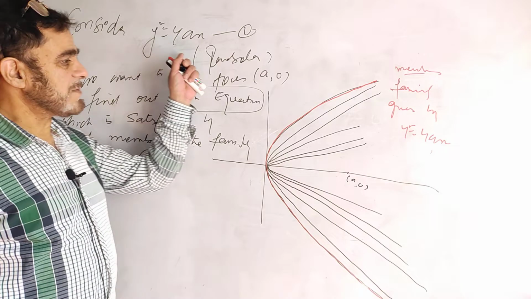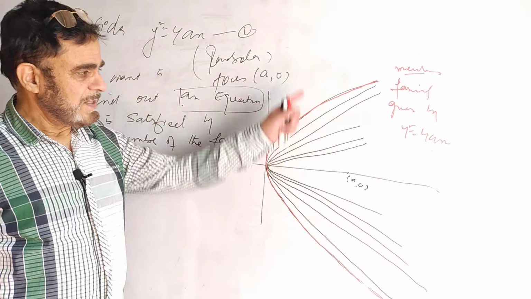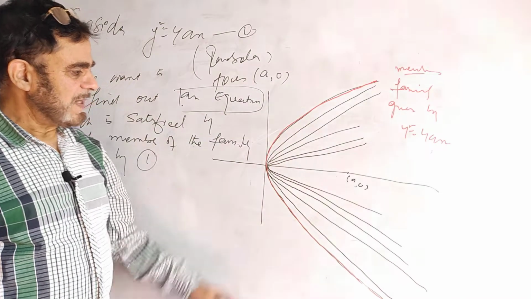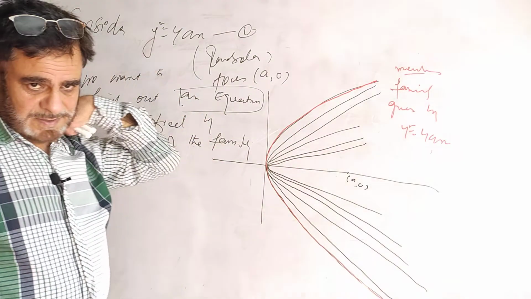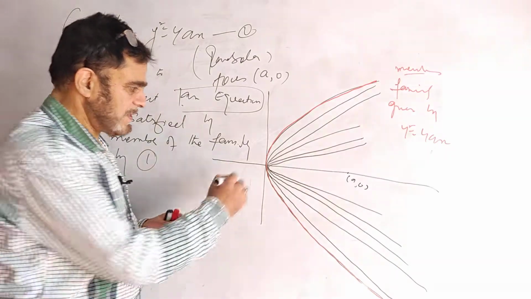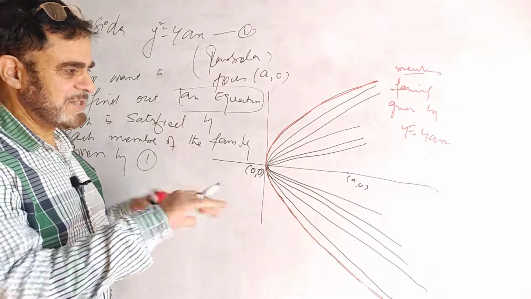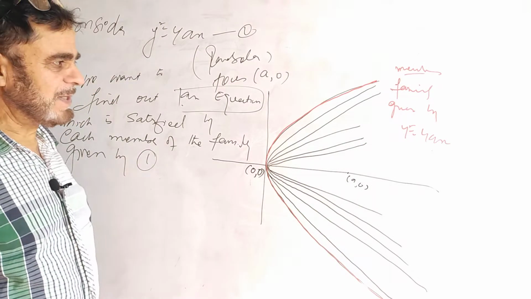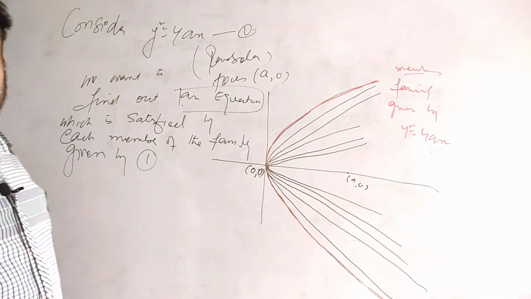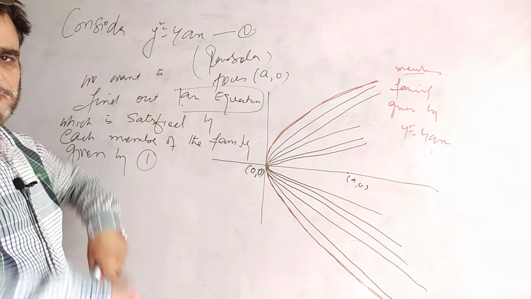You have seen that y square equal to 4ax gives members where every member has its vertex at the origin and the focus is changing. For different values of a, it gives different parabolas, and all form the members of the family.